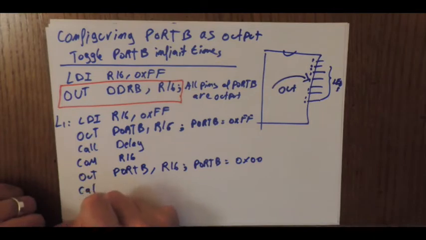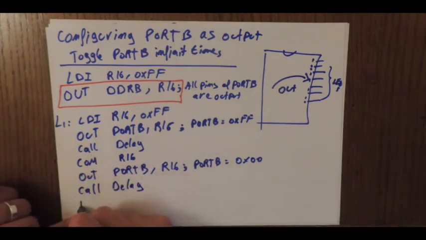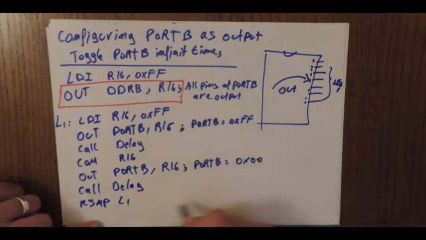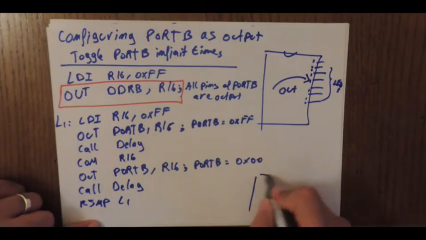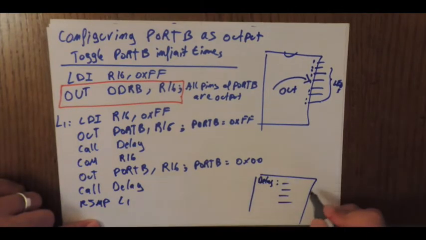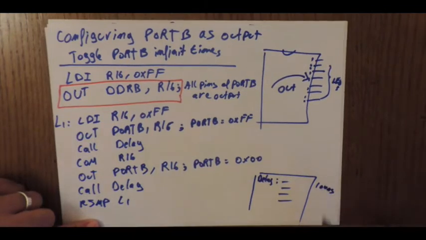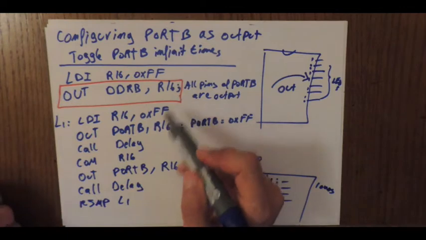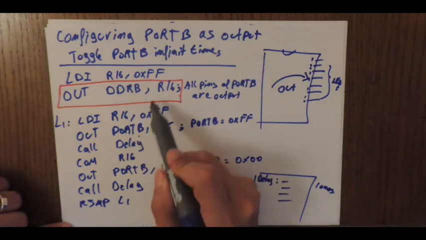Call delay again. And then I say RJMP L1, where I will have somewhere a delay function. Let's say this is delay for 100 milliseconds. Okay, so the main point here, we were able to place data on port B because we configured it as an output.